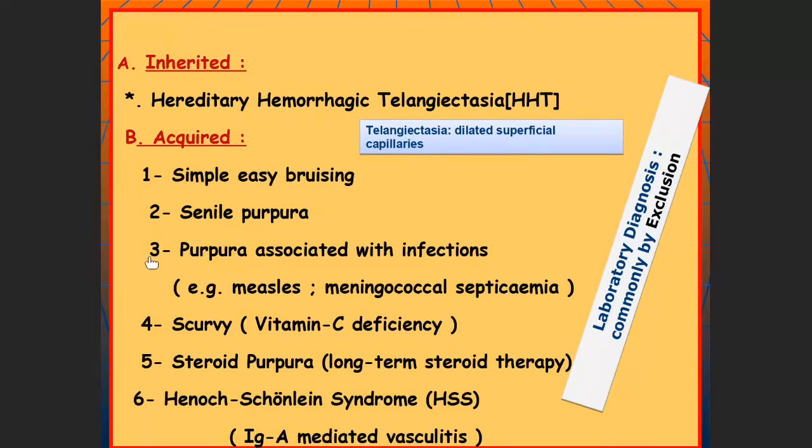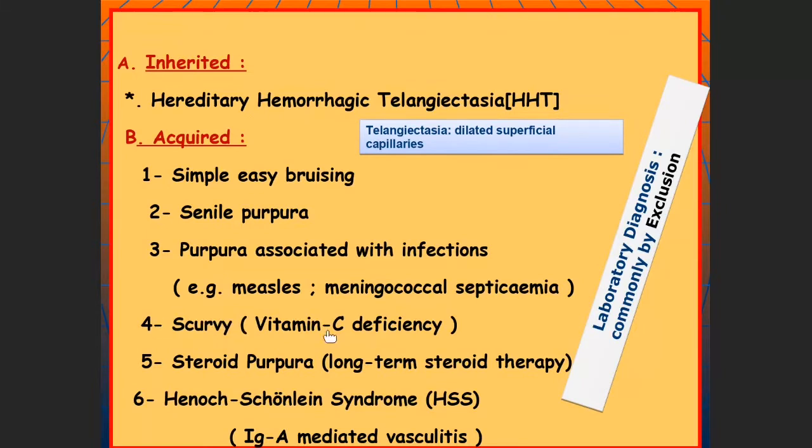The third type is purpura associated with infections, such as measles and meningococcal septicemia. These affect the vessel wall, resulting in weakening, rupture, and purpura. Scurvy, which is vitamin C deficiency, is also a cause of purpura. Why? Because vitamin C is essential in formation of collagen fibers.